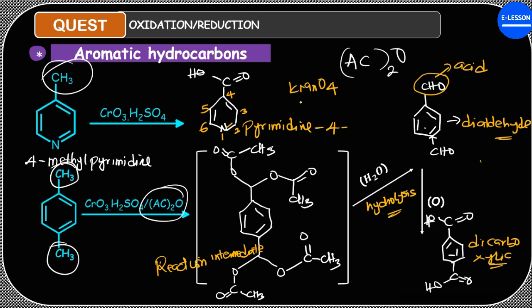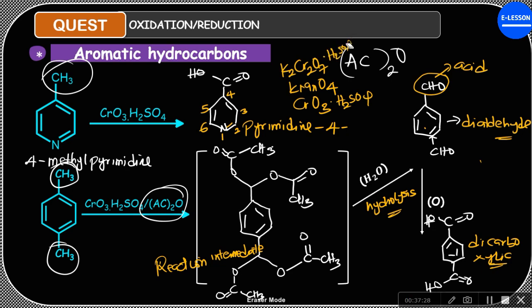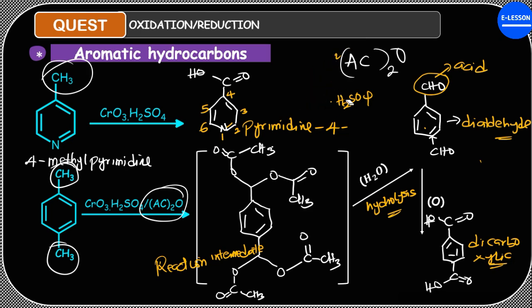We also focused on chromium trioxide and H2SO4. All these perform the same function, right? Or we focus on K2Cr2O7 in H2SO4. When you see them like that, know that they will oxidize a methyl group attached to an aromatic compound to a carboxylic acid functional group. Is that understood? They must always oxidize them to a carboxylic acid functional group.